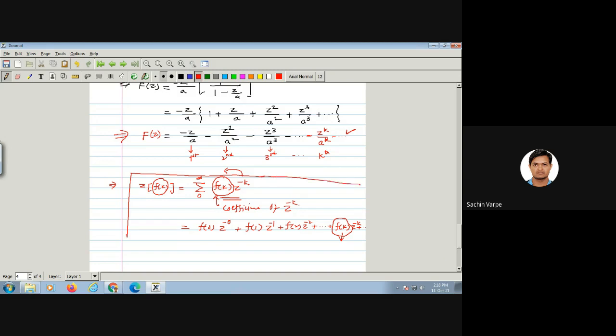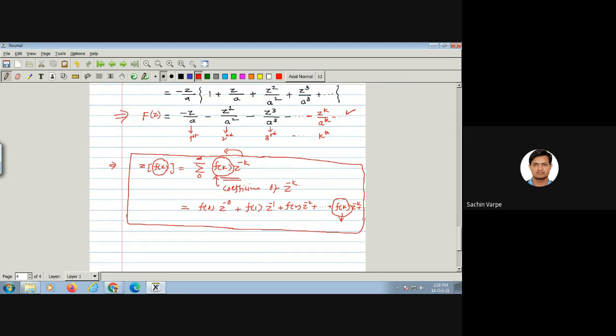I don't have a z raised to minus k term in the expansion. I have all the powers of z positive. Can you see here? All the powers are positive, and I want the powers in negatives, z raised to minus k, because the coefficient of z raised to minus k is my required f of k. So how do I get it?